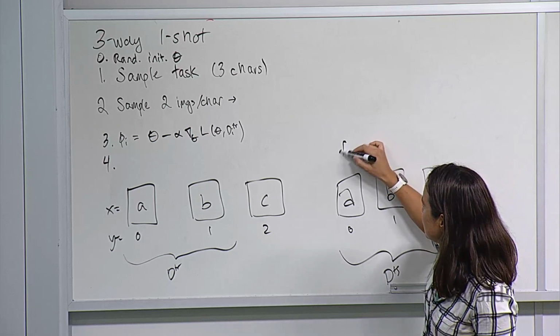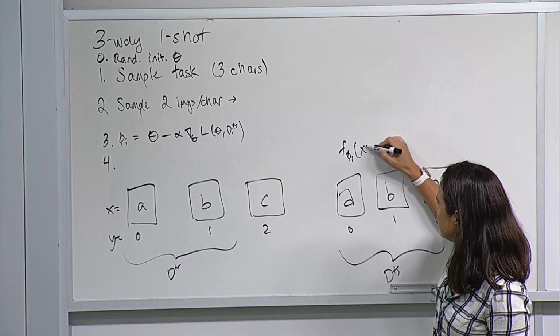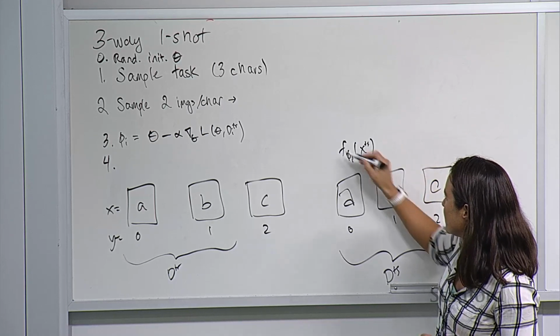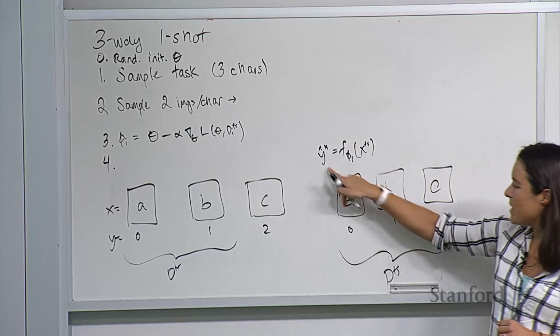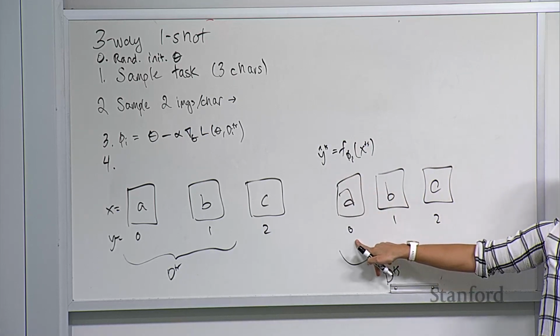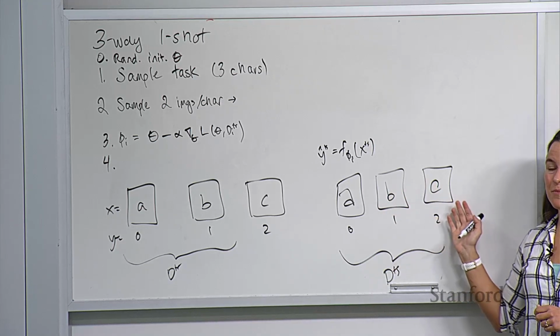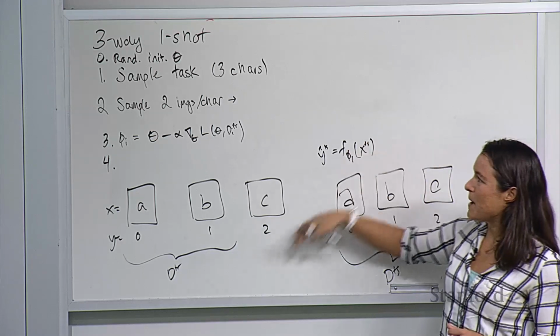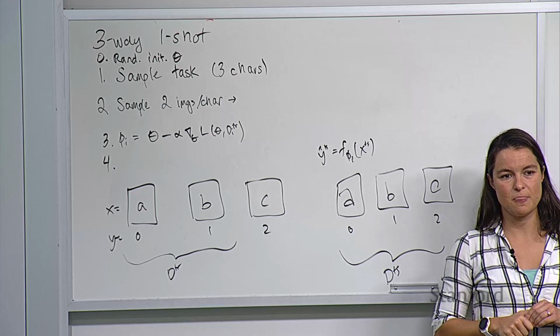And so, for example, we'll be looking at f phi I of this example here. That will give us a corresponding prediction. And then we'll compare that prediction to the corresponding label to get how well this neural network is generalizing to new examples. And from there, we'll then backpropagate all the way back into the initial parameter vectors theta in order to update our metaparameters.